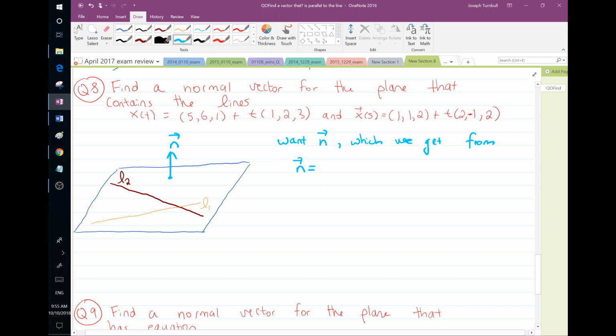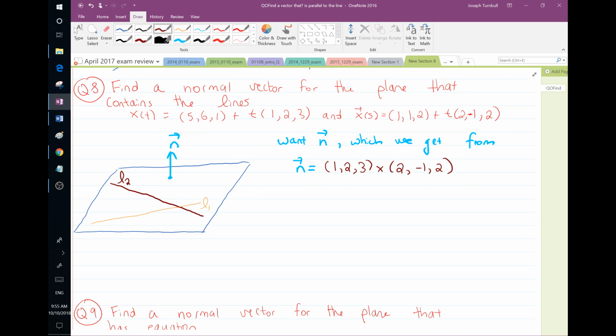When you do a cross product between two direction vectors, so 1, 2, 3 crossed 2, negative 1, 2, what you get is a new vector that is simultaneously orthogonal to both of the input vectors.